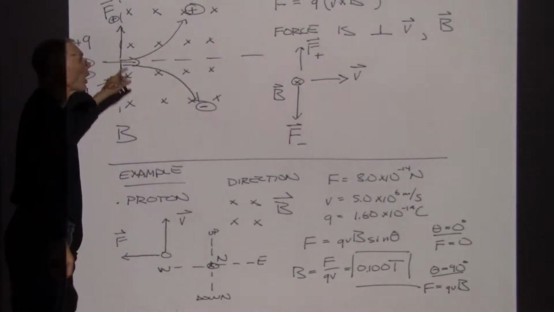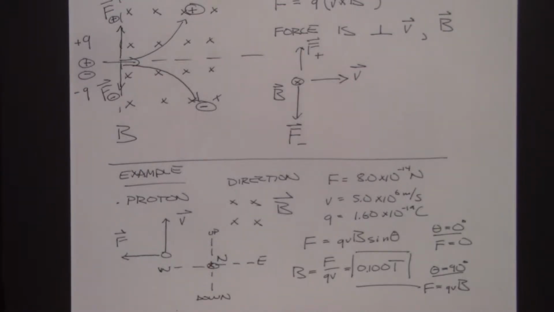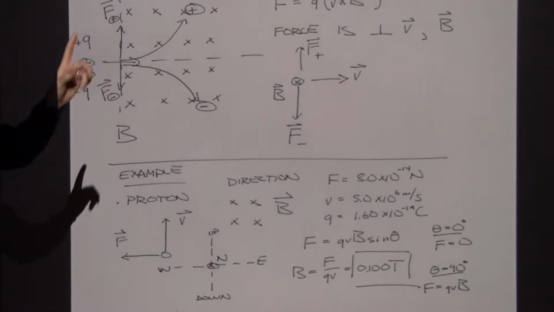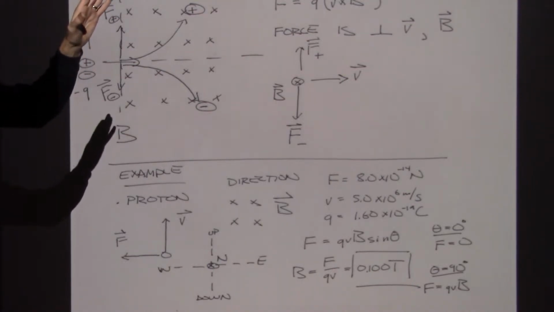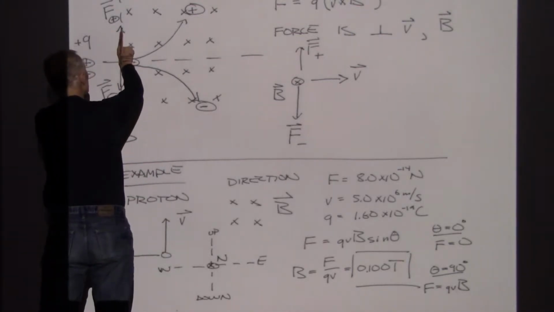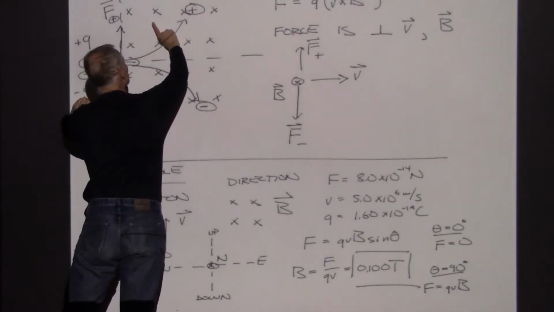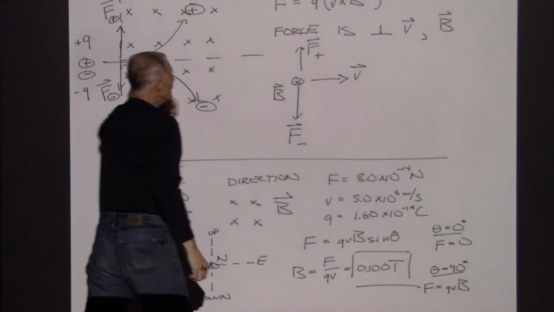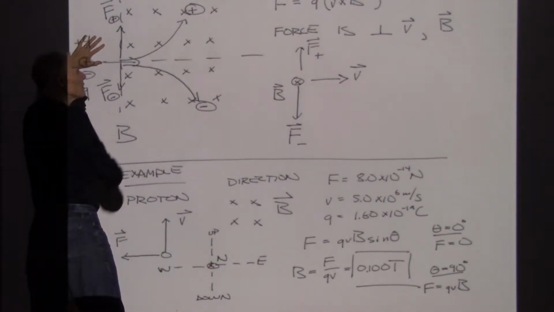Now, since they're already moving, that's going to result in circular motion. If it was just sitting there, then it would start having a velocity in that direction. But since it's already moving, a force in that direction does create an acceleration, but that will result in circular motion. Now, let's get rid of the protons and bring in the electrons.